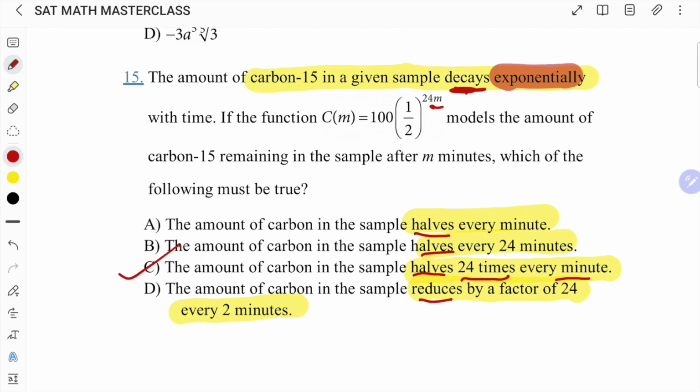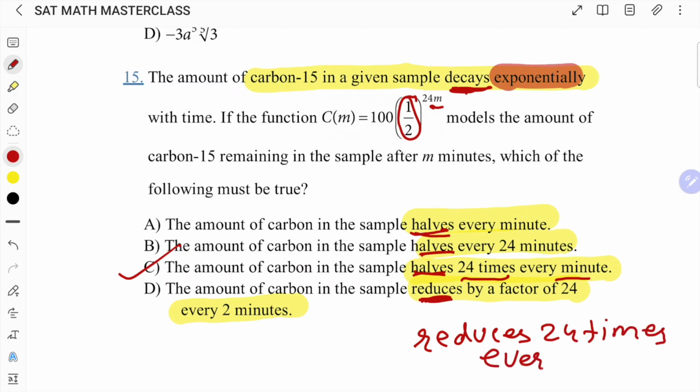Let me just recap this question once more. We know that it's decaying, so it's reducing. So it can halve, because this is a half, so it's also reducing. You can also use reduce. The correct answer can also be reduces 24 times every minute, but this option is not given.